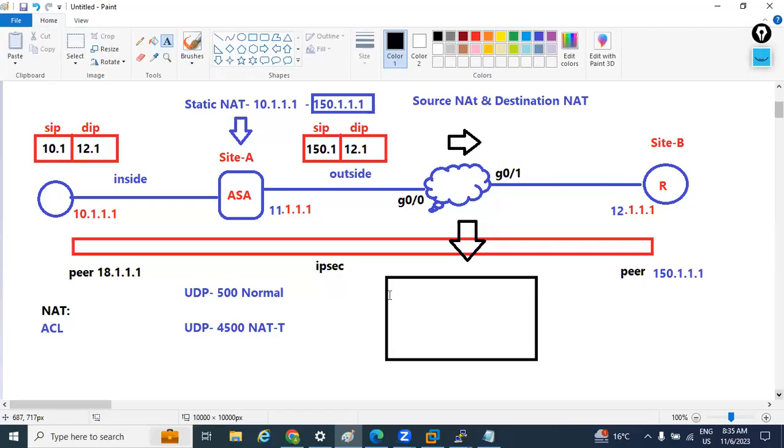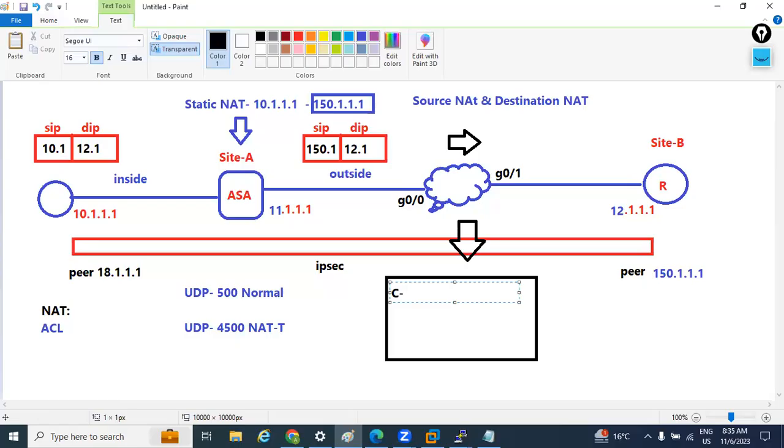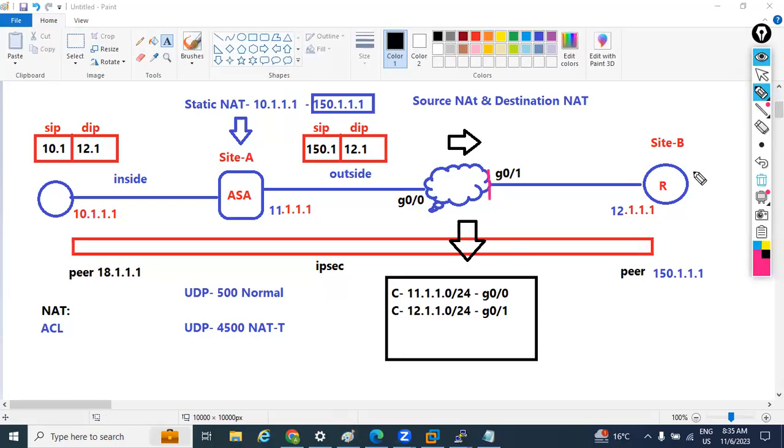So 11.1.1.0/24 is directly connected on interface 0/0, and 12.1.1.0/24 is on 0/1. Now this router would check it: do I have any routes for the 12 network? Yes, I do have. Directly connected on this interface, it would reach there.